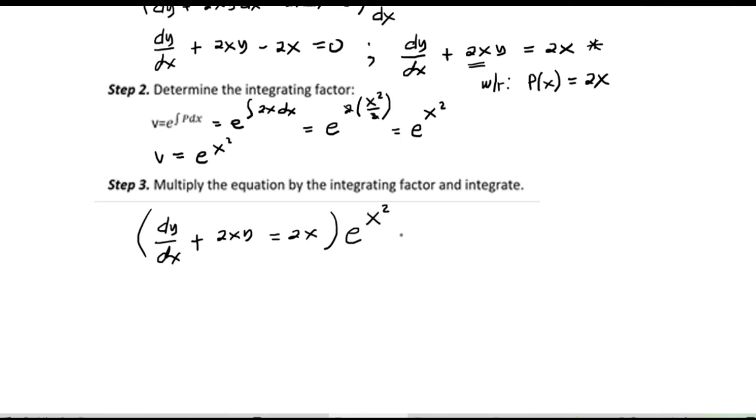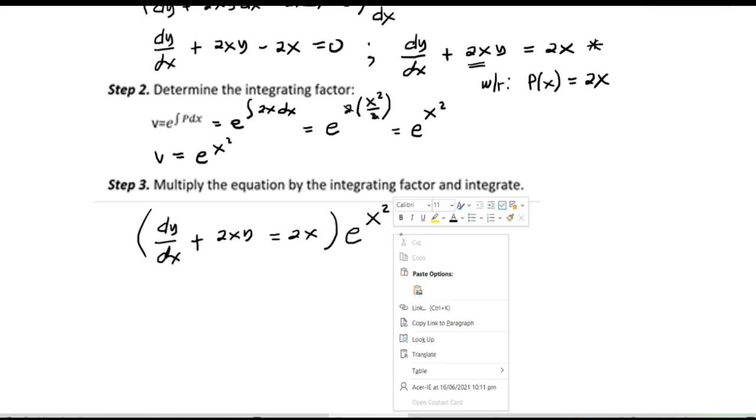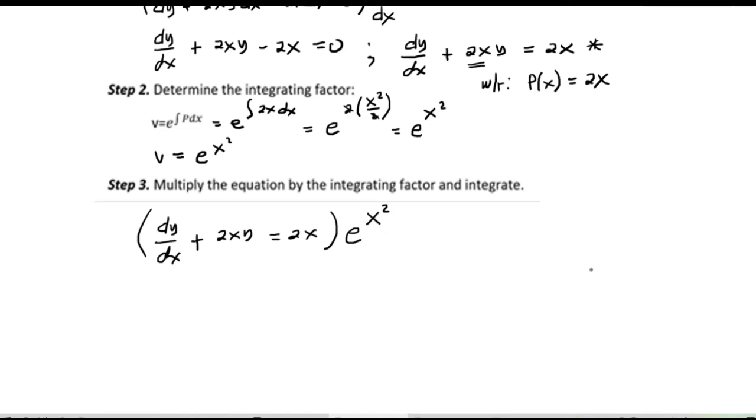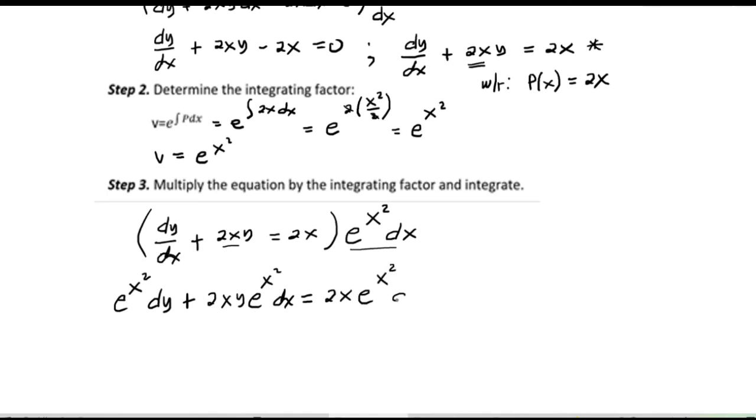At the same time, we're going to multiply this by dx so that the dx will become numerator. So we have here e to x squared dy plus 2xy e to x squared dx is equal to 2x e to x squared dx.